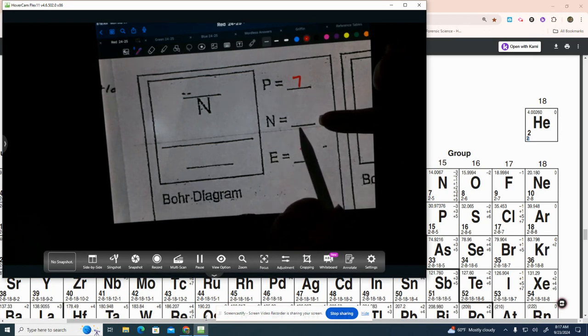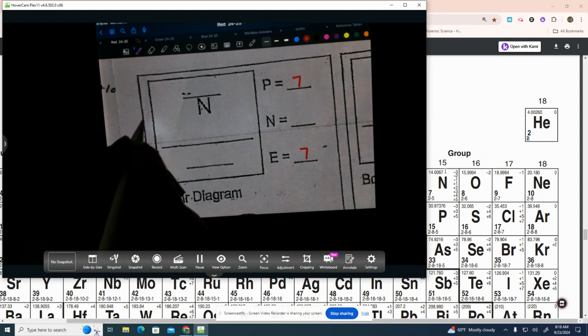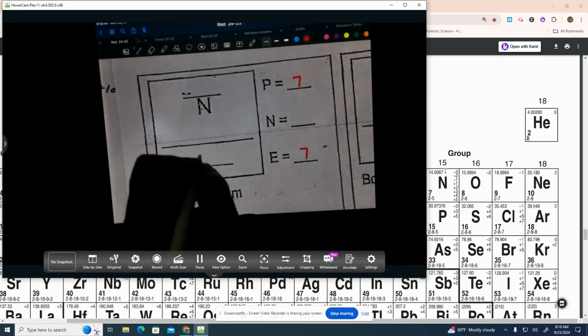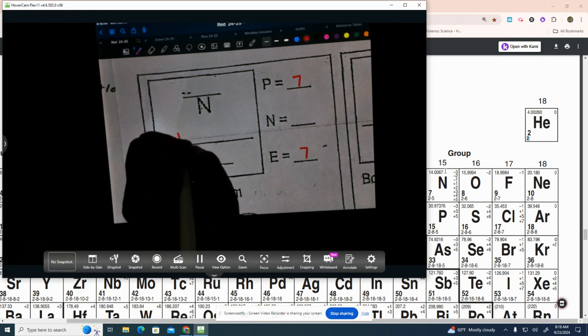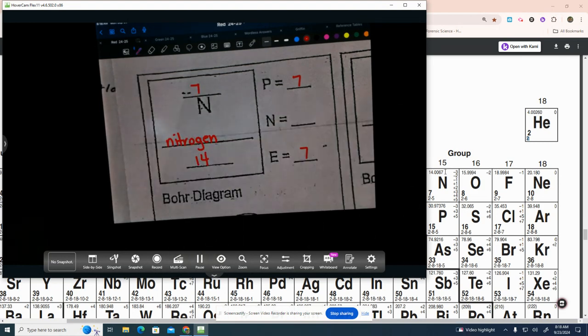Neutrons, okay, let's take the most abundant isotope. So we're going to get that right off of the periodic table. We're going to take this atomic mass, and round it to a mass number. We'll make it 14, and I'm going to put that 14 down here at the bottom line. I'm going to write nitrogen here, and I'll write the atomic number up here.